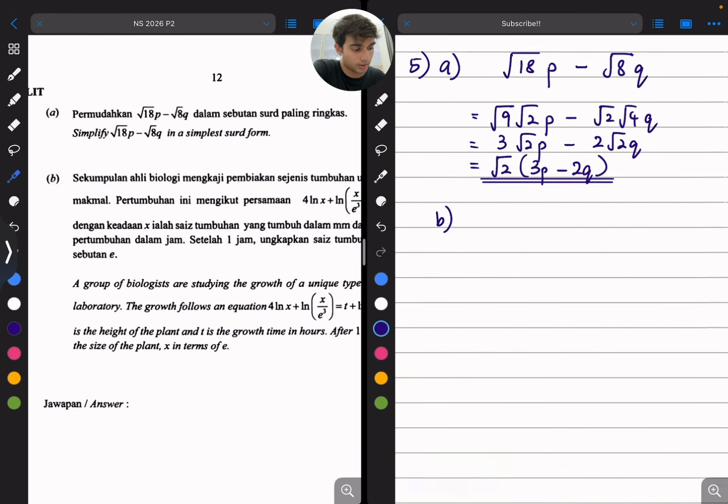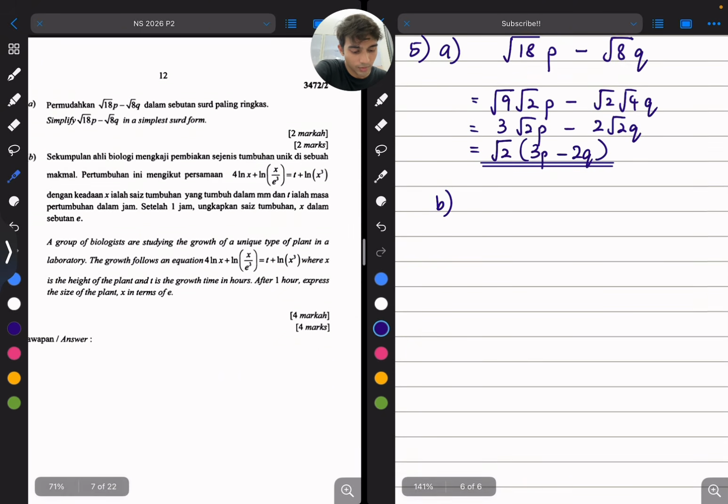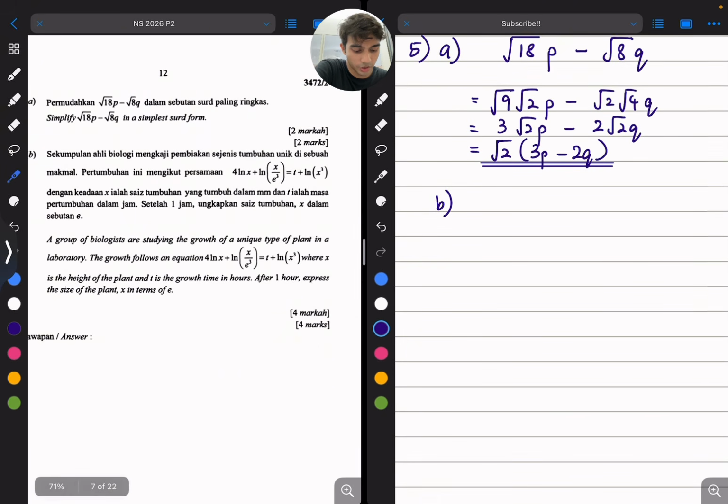Next, B. A group of biologists are studying the growth of a unique type of plant in a lab. The growth follows an equation where x is the height of the plant, t is the growth time in hours. So x will be the height, t will be the time.